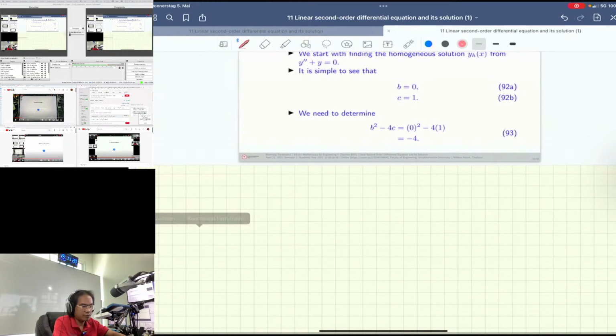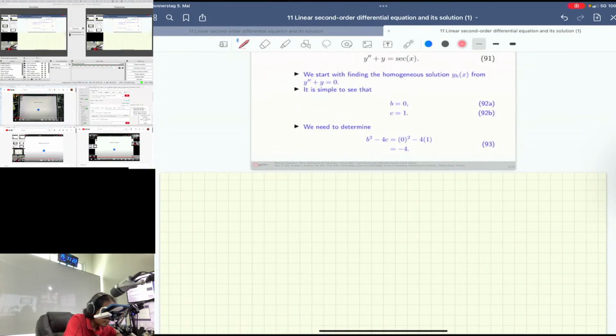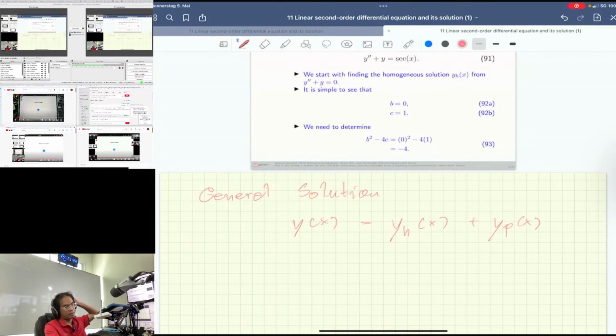Of course, the general solution will be the combination of the homogeneous solution and the particular solution. All right, something like this. And what else? We need to go to the homogeneous solution, right?